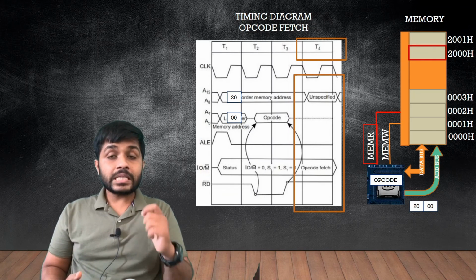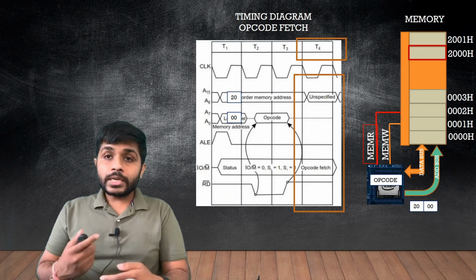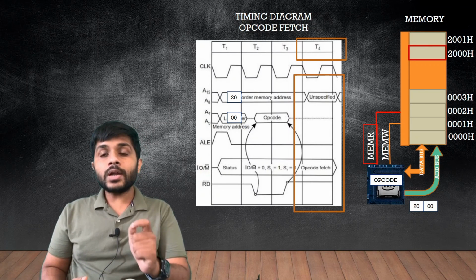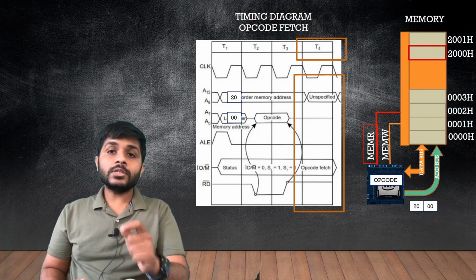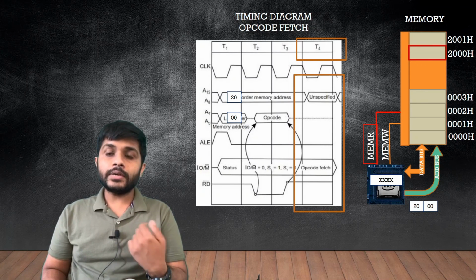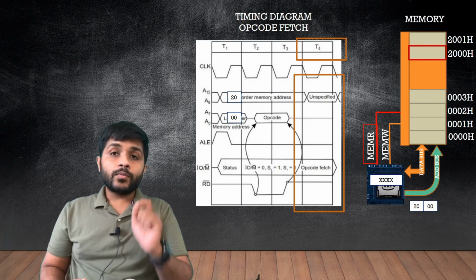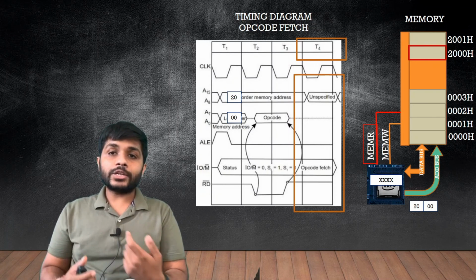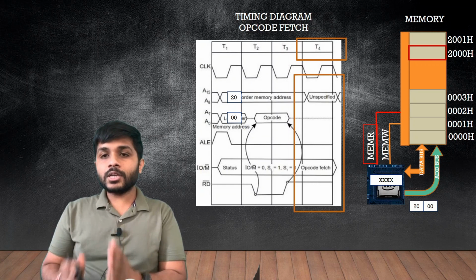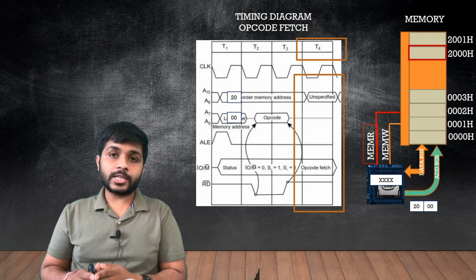After fetching, it has to decode that opcode, so the processor consumes one more T state, which is T4. In the T4 state, the processor decodes the opcode and understands what it is trying to say. And this is how the timing diagram of the opcode fetch machine cycle is done.